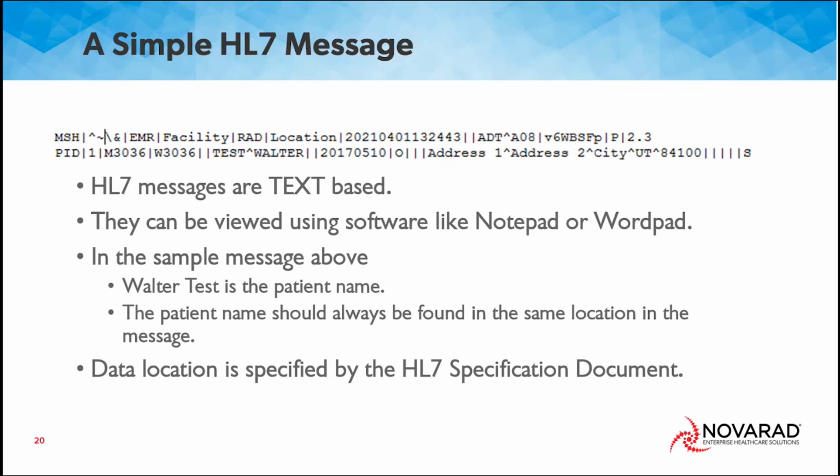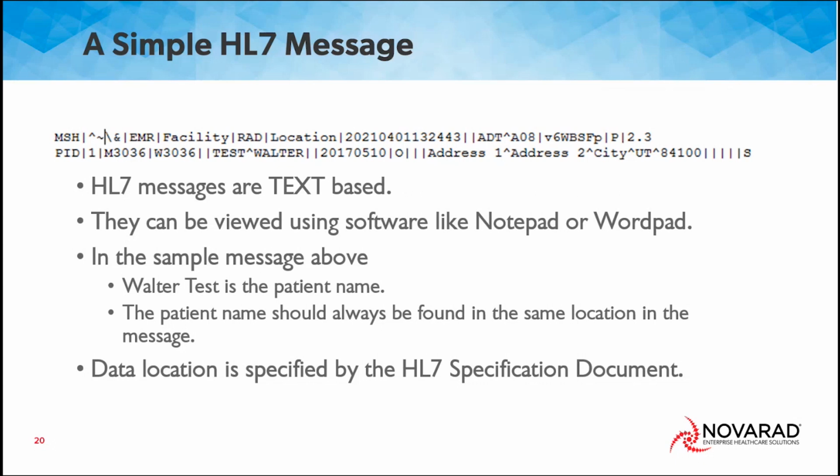What's important about that is that data location is specified by the HL7 specification document, and that's done by the HL7 committee, the people that actually made HL7 and decide where information is going to be presented and what the standard will be.